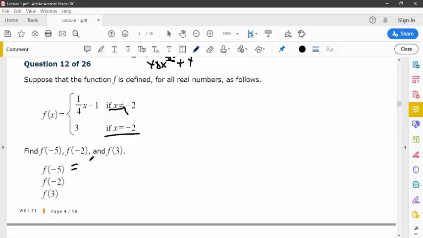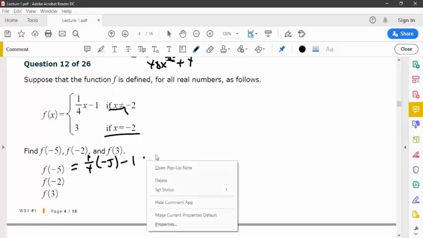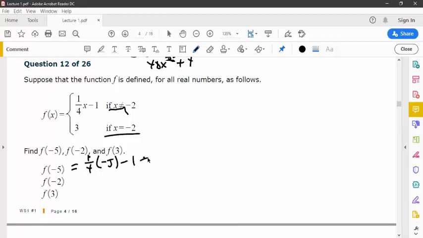So what we'll have is 1/4 times -5 minus 1. So we have to evaluate. So this becomes -5/4. Because remember, you're just multiplying numerator times numerator and denominator times denominator, minus 1.